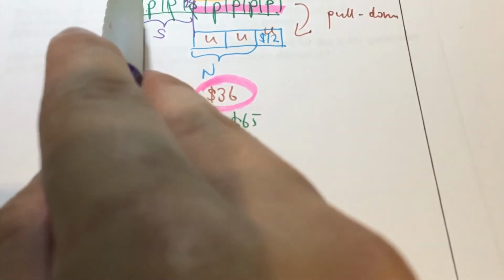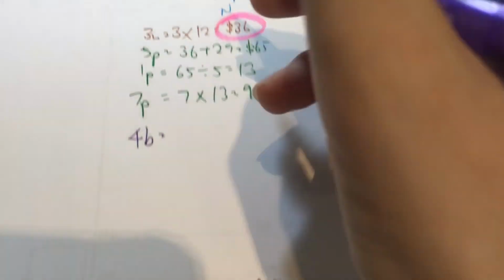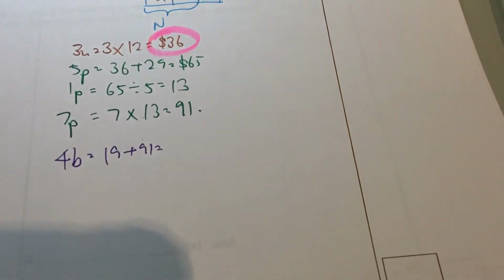Can you see that 4 boxes is equal to, from here to here, what we have found is already 91. So 4 boxes is actually 19 plus 91, which is 110.